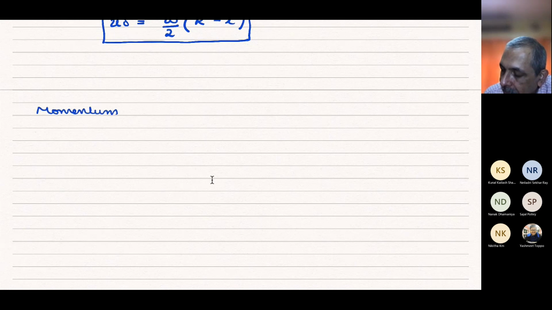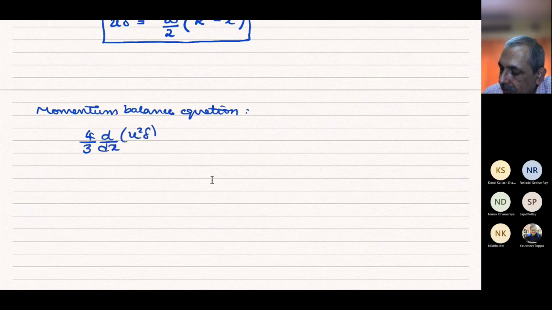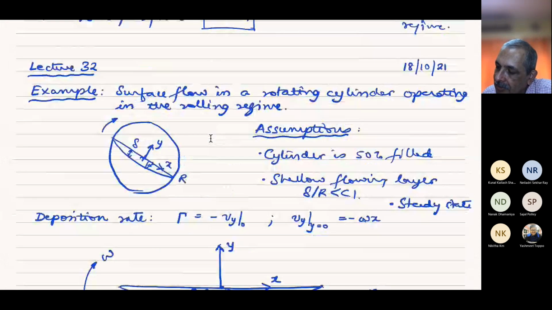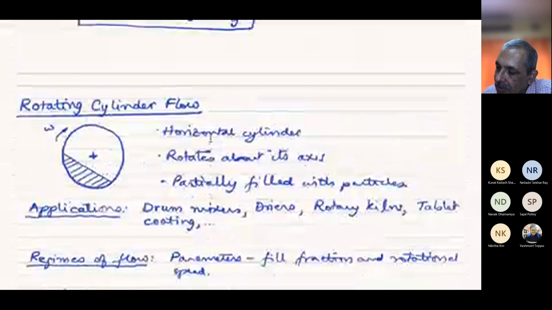So if we write down the momentum balance equation at steady state, this is just 4 by 3 d by dx of u squared into delta is equal to, if you remember, we have written this many times before, so let's go backwards.